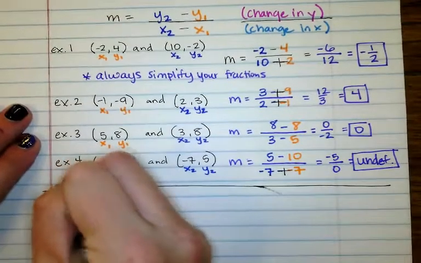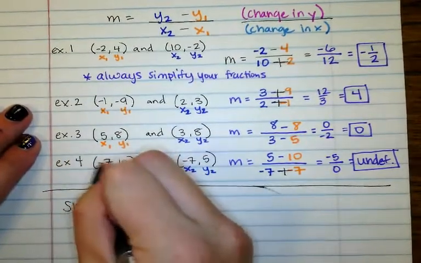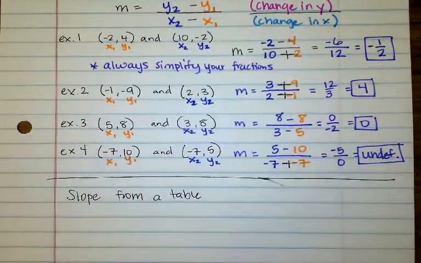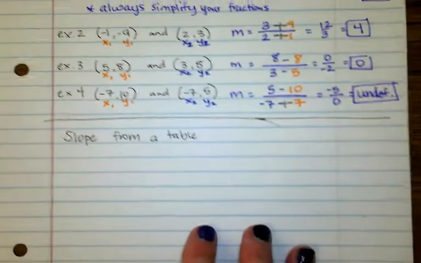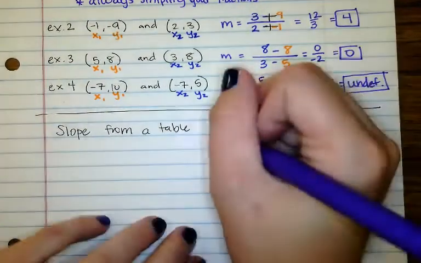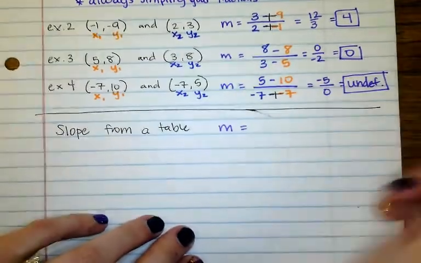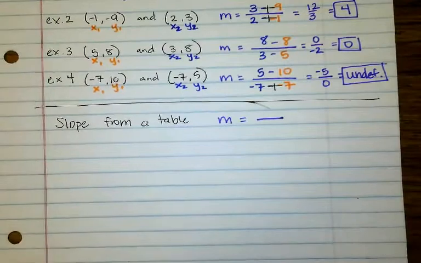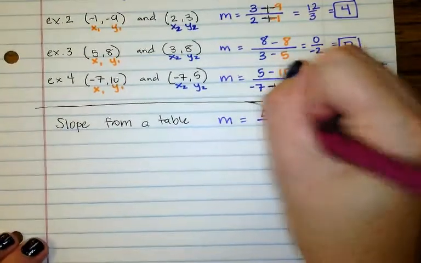And guys, when you find slope from a table, this is where it's really nice to say, oh, my slope is the change in y over the change in x, the delta y over delta x.